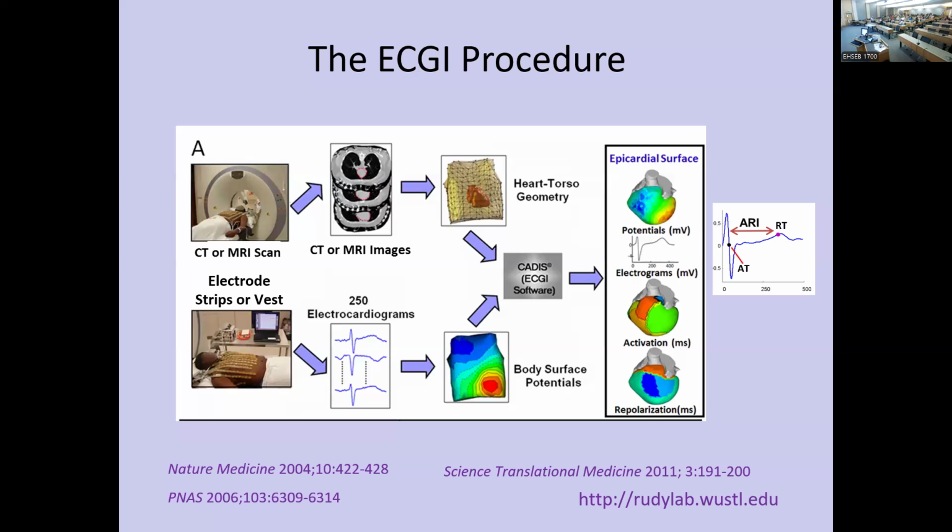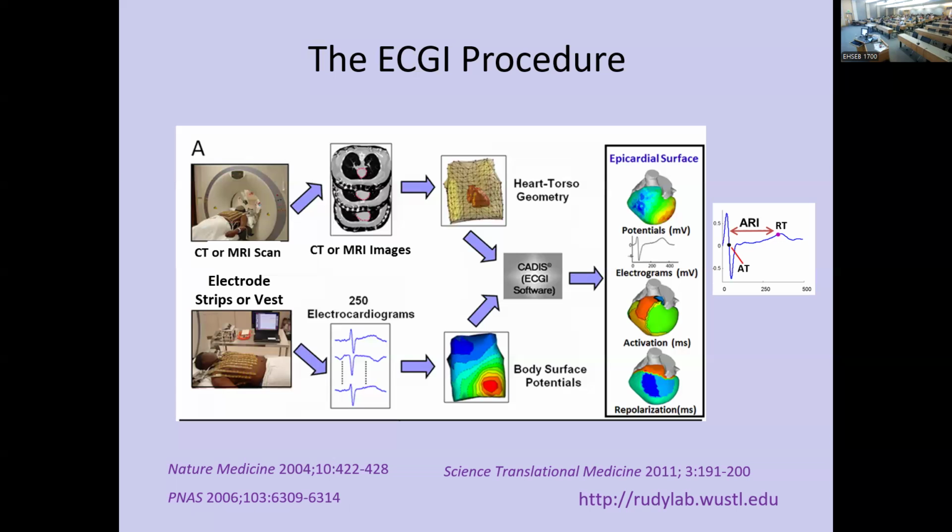So that's the electrical information that we use. We also push the patient through a CT or MRI scan to obtain, in the same frame of reference, the electrode positions on the torso and the heart envelope, the epicardial surface of the heart. And we generate this patient-specific heart torso geometry that you see here. Then came a lot of development of mathematical algorithms. We have a whole arsenal of different algorithms that we tailor to a specific application.